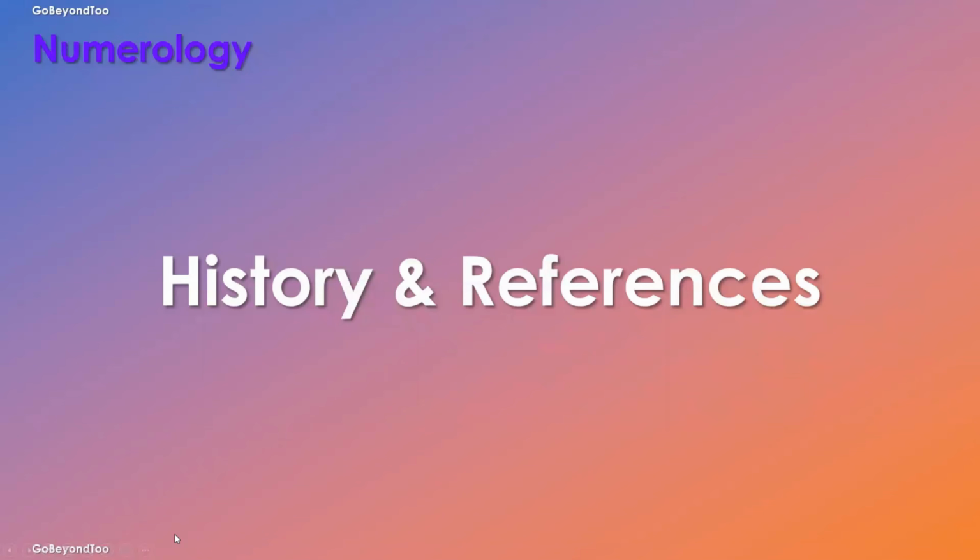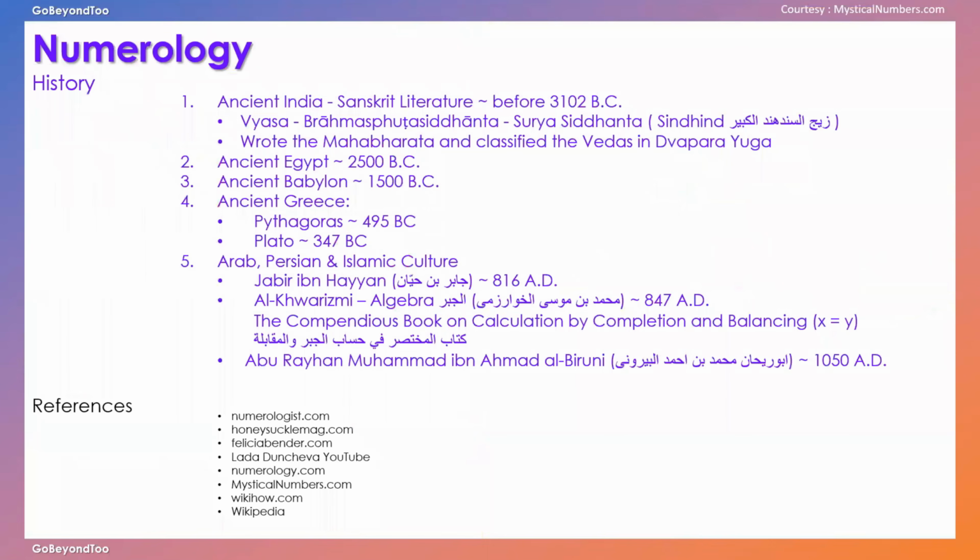We'll go through an overview of history and references for this video. As you may know, in ancient China and India, we have a lot of Sanskrit literature that was developed before the year 3000, around the end of the Mahabharata war.